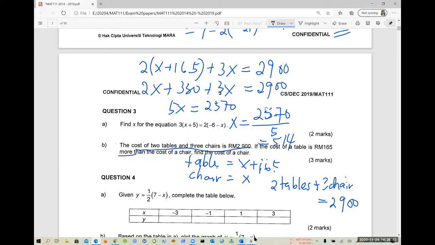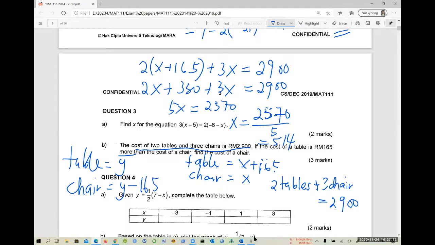If you are using Y for table, since the table is 165 more than the chair, the chair will be Y minus 165, not Y plus, because it is lower, all right?